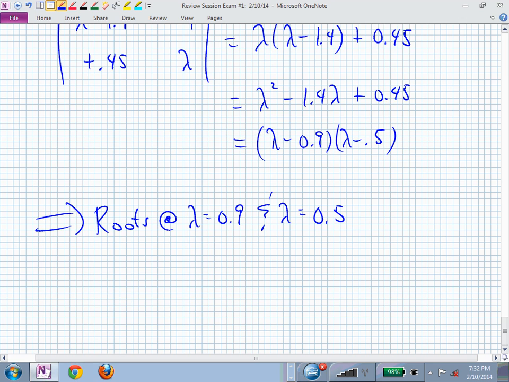Actually, having positive values is probably a good thing for our discrete time setting, but it has to be inside the unit disk, and those are. So this system was stable. The roots are there, and both lambdas are less than 1 in magnitude, and if they were complex, which they could be, you take their modulus, or the absolute value of that complex number, and make sure it's inside 1. If it is, then you're good as far as stability is concerned.